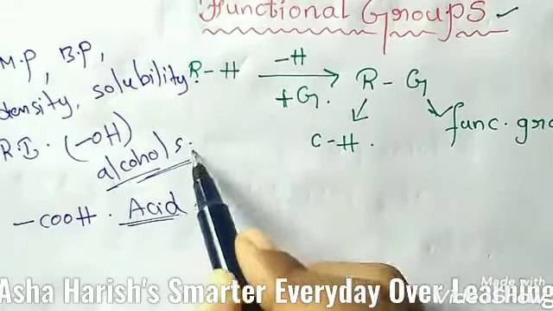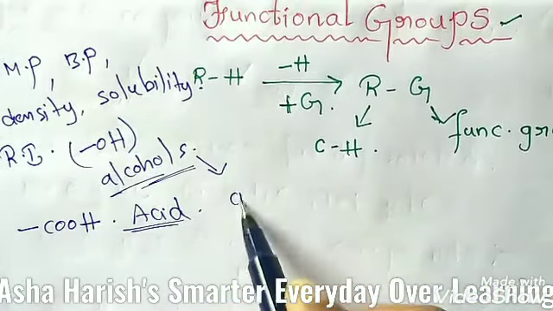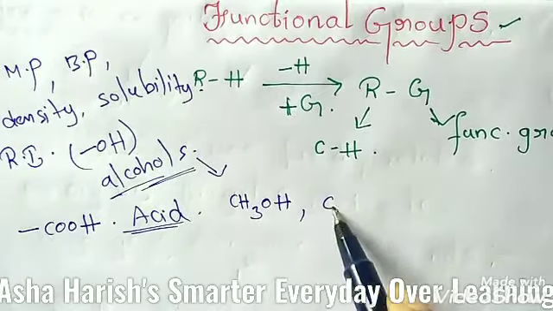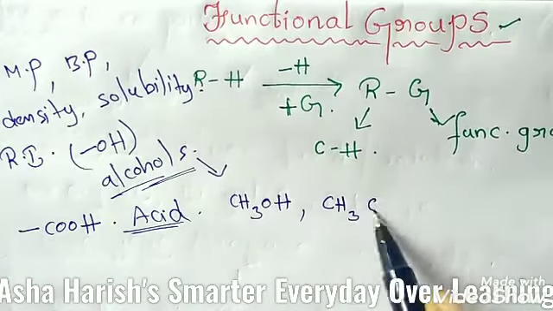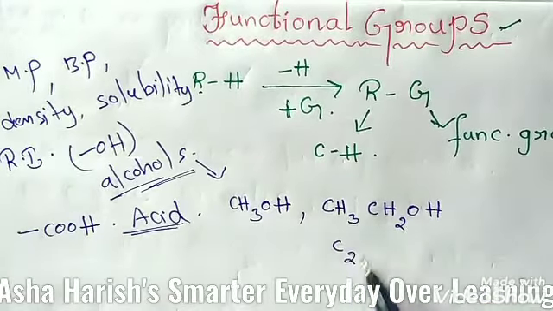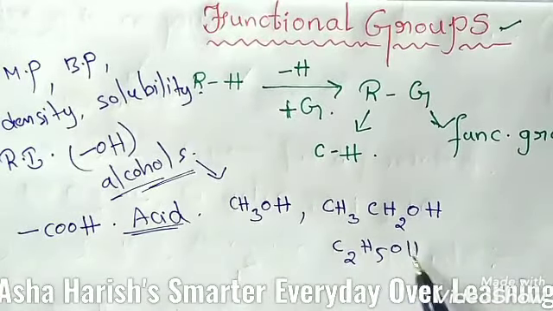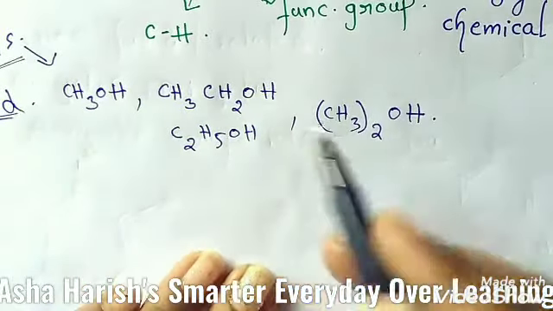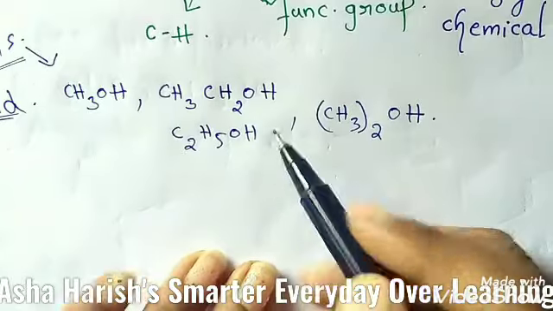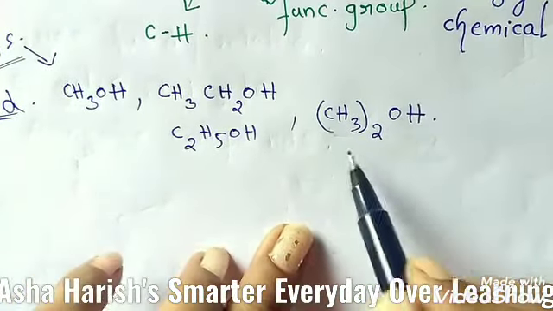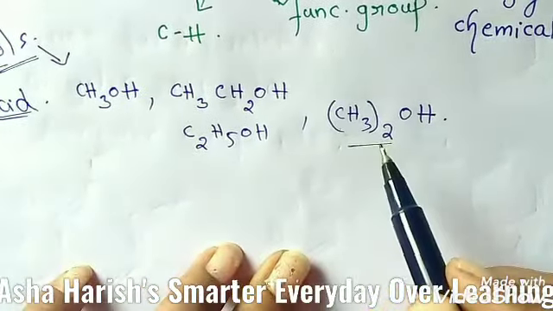For example, alcohols: methyl alcohol, CH3OH, and ethyl alcohol, CH3CH2OH, nothing but C2H5OH, these two are the same. And dimethyl alcohol, and these are all alcoholic compounds.